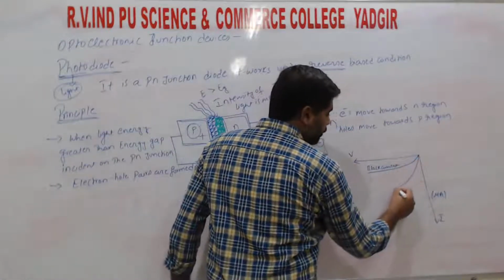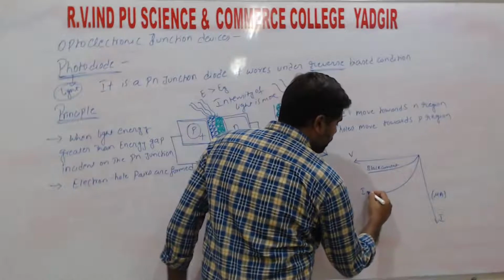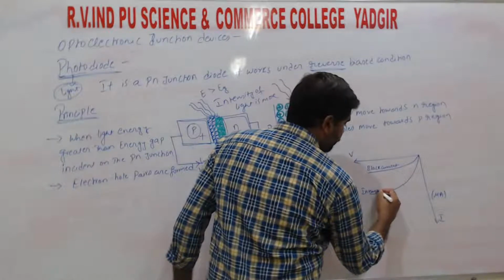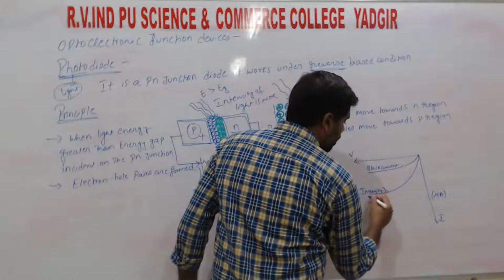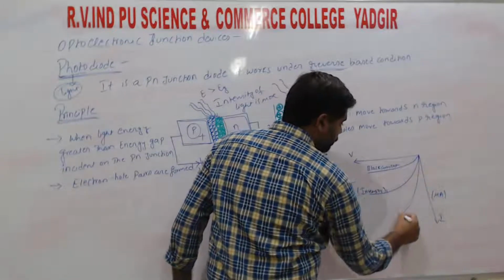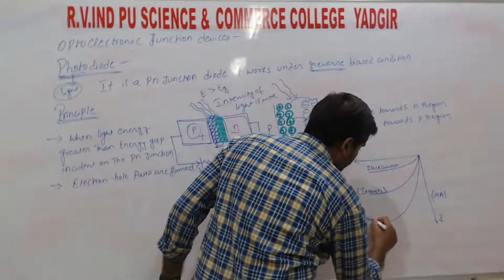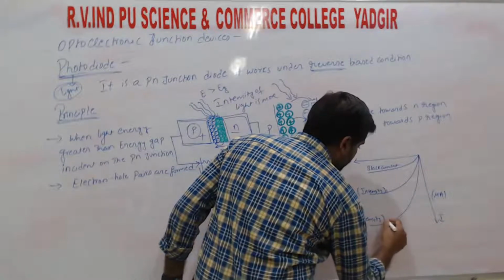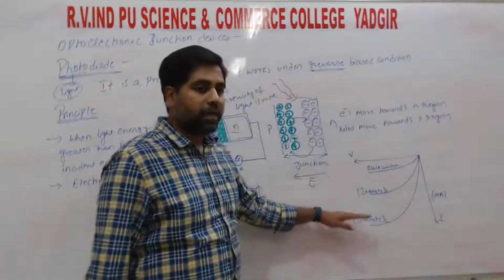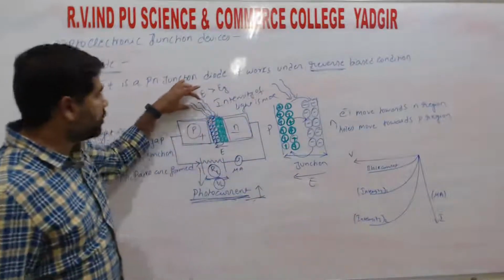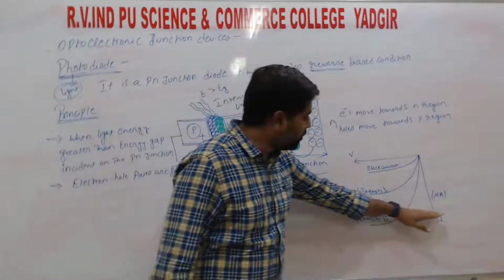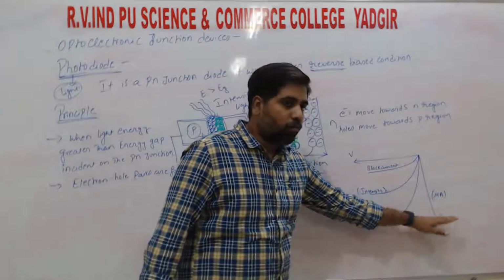Now this one is for intensity 1, or I1. This one is for intensity 2. That means if we increase the intensity of the incident light, then automatically we obtain more current, right?